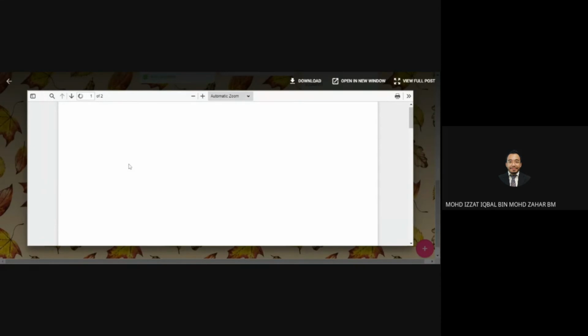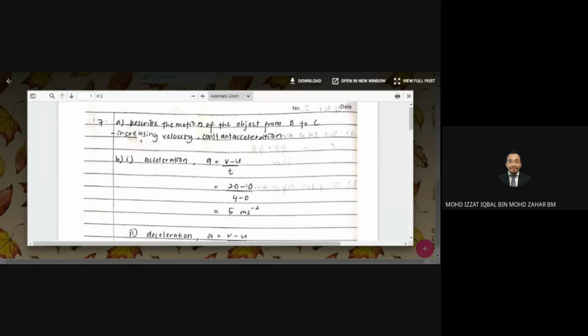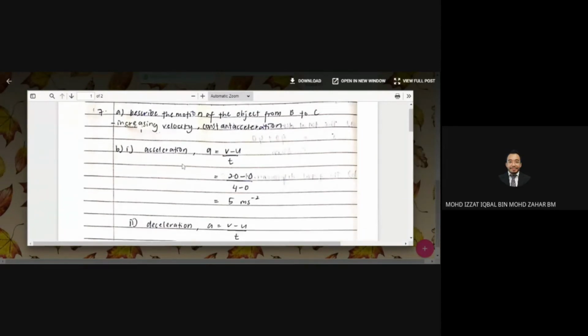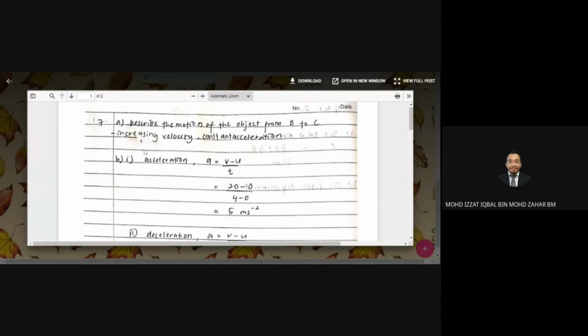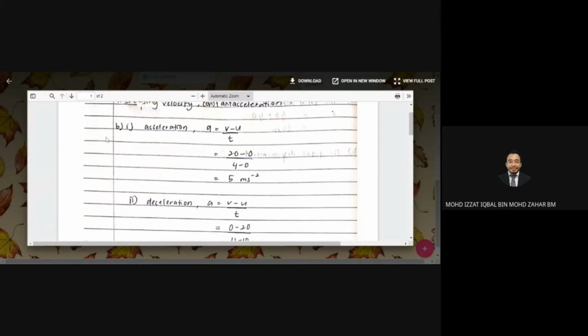Okay, nak cerita sikit, kamu buat apa? Untuk soalan first tu, 7A dia suruh describe the motion B to C. Dia orang cakap increasing velocity, constant acceleration. Yang B1 nak acceleration, so masuk dekat first formula tadi.